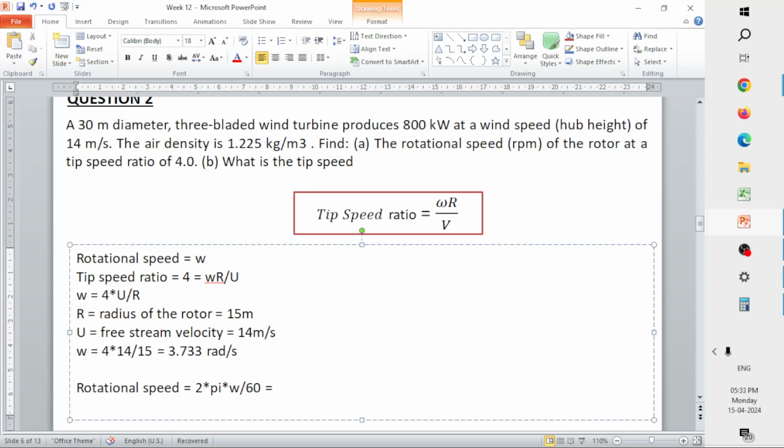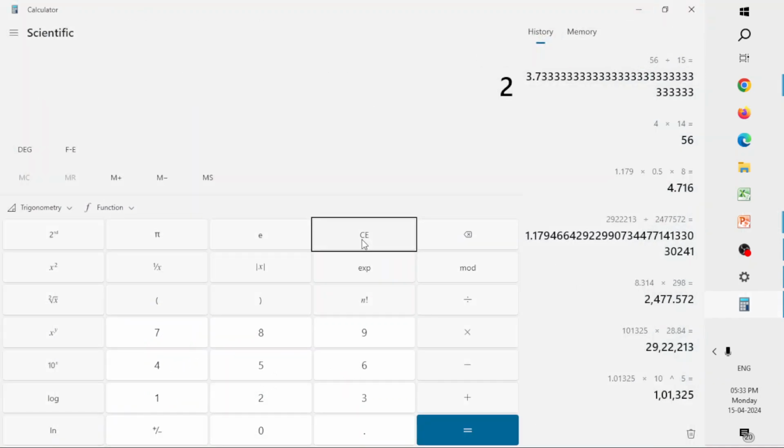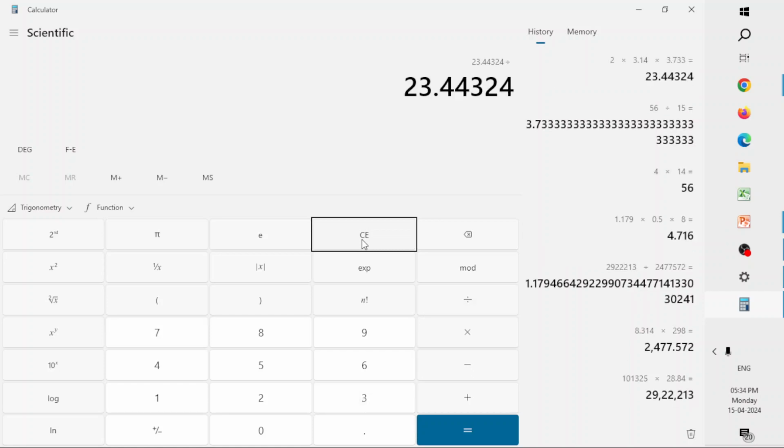This is how we convert the units from radian per second to rotations per minute. Pi value is 3.14, omega is 3.733 as we calculated yesterday, or now also we calculated, divided by 60. So we are supposed to calculate 2 into 3.14 times 3.733, the whole divided by 60.